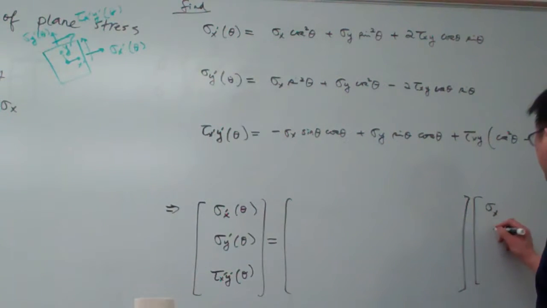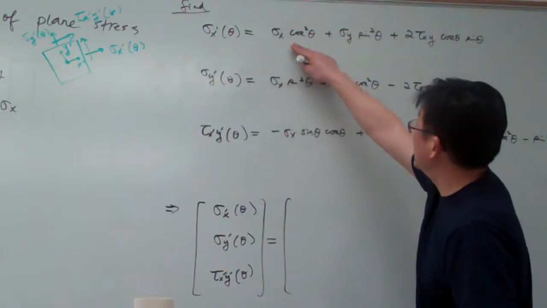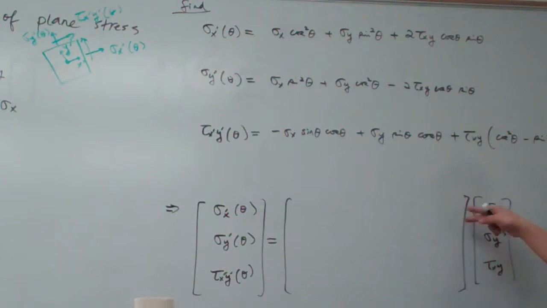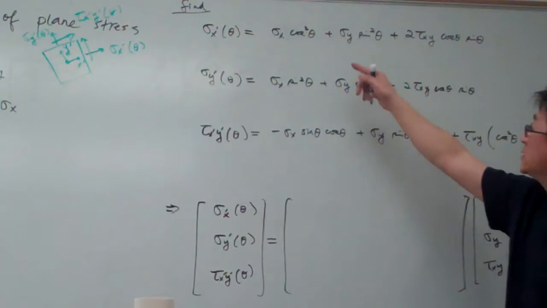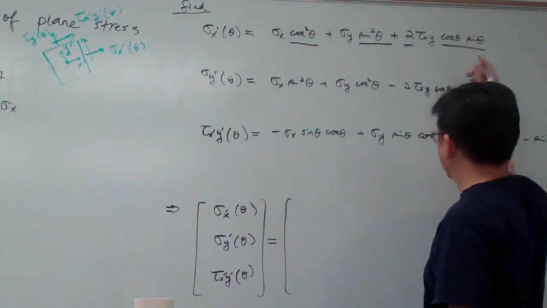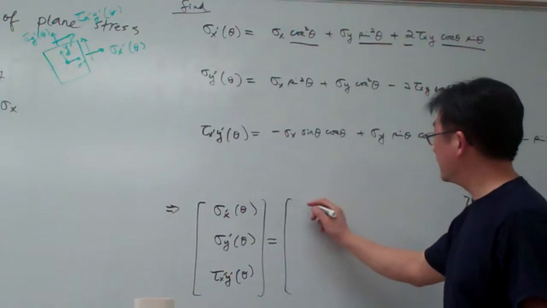So here is sigma x, sigma y, tau xy. Basically the first equation is written up and put into a matrix multiplication with the vector. Those are the coefficients. I'm going to fill that in.